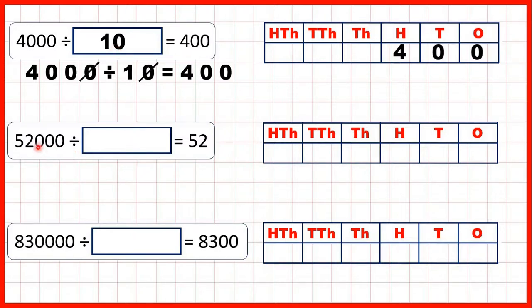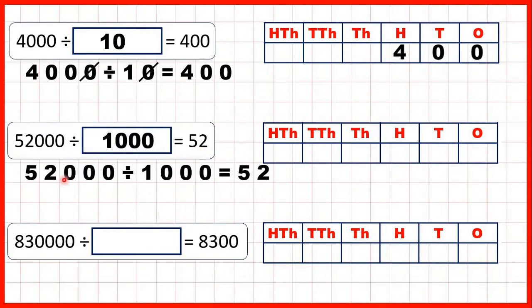Now, 52,000 divided by what is 52? Well, here our missing number is 1,000 because we need to cancel all three of our end zeros to get 52 as our answer. 52,000 divided by 1,000 is 52 because we have 3 end zeros in 1,000, so we can cancel all 3 of the end zeros in our dividend to get 52 divided by 1.